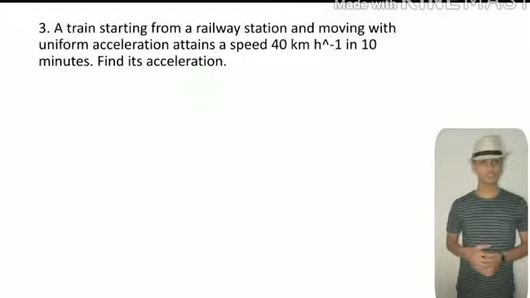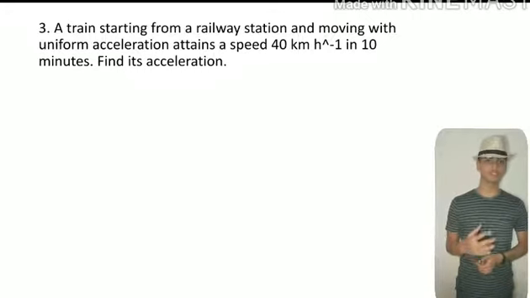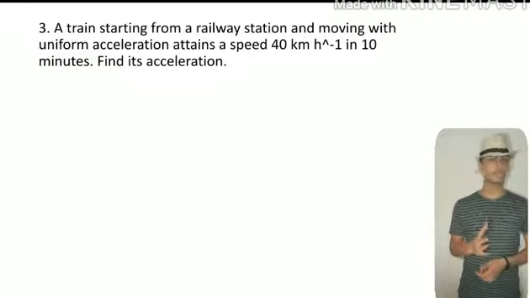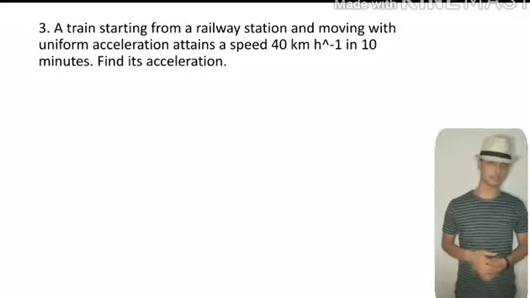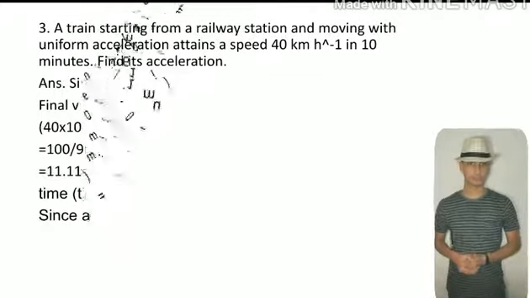Considering the third question: a train starting from a railway station and moving with uniform acceleration attains a speed of 40 km per hour in 10 minutes. Find its acceleration.